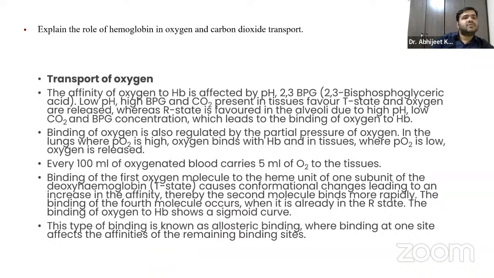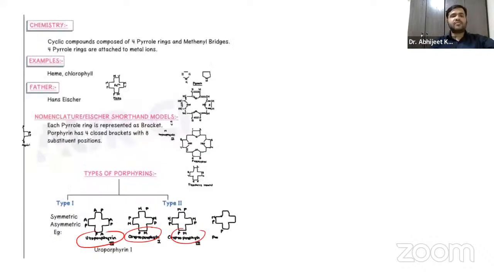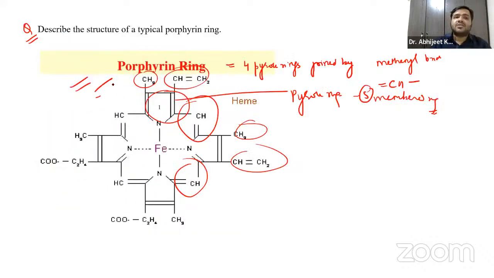Now, coming on to the next question, guys, they are asking to explain the role of hemoglobin in oxygen and carbon dioxide transport. This is something that, guys, you already know. And I would advise that you draw before this, okay? In this question also, this structure you have to draw.